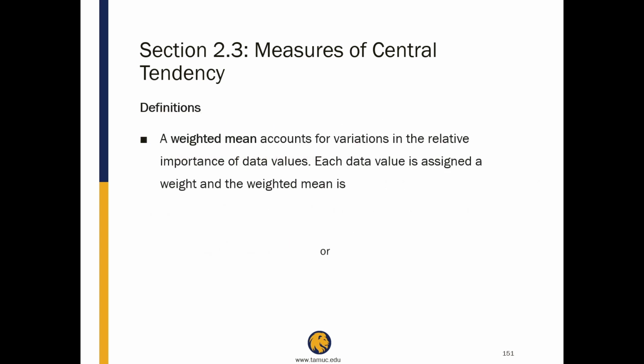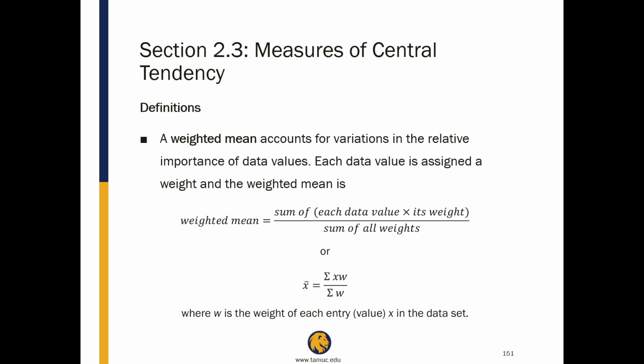So the definition here is that a weighted mean accounts for variations in the relative importance of data values. Each data value is assigned a weight, and the weighted mean is calculated by taking the sum of each data value times its weight, divided by the sum of all of the weights.